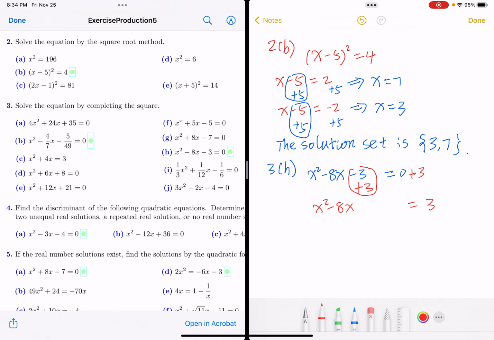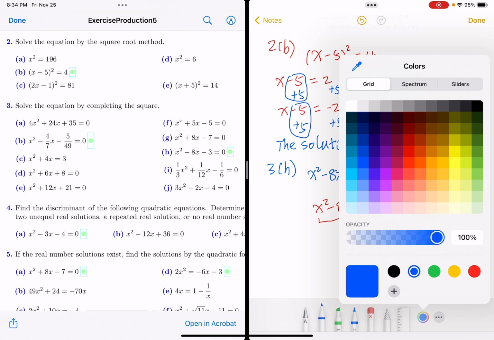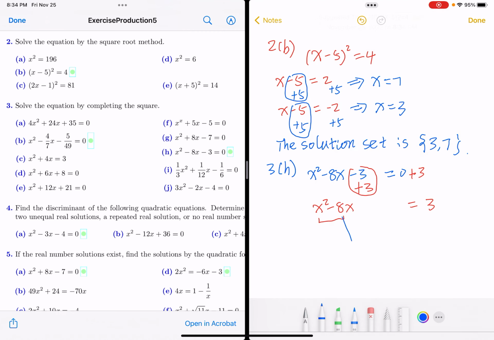Okay, we want to make this one a complete square. Then we need to divide this one by 2, so we have negative 4. Then the constant we need is negative 4 squared, which will be positive 16. This will make the left side a complete square.